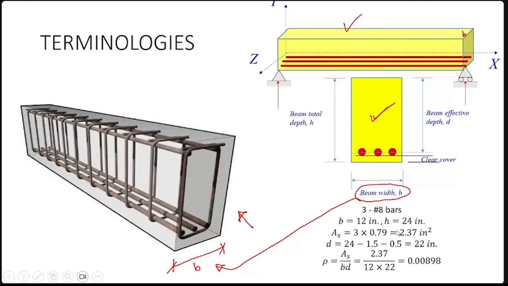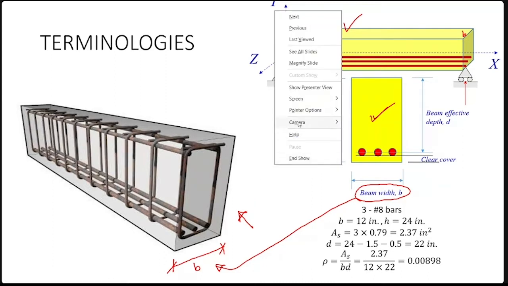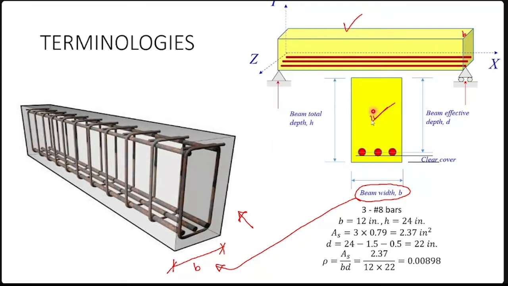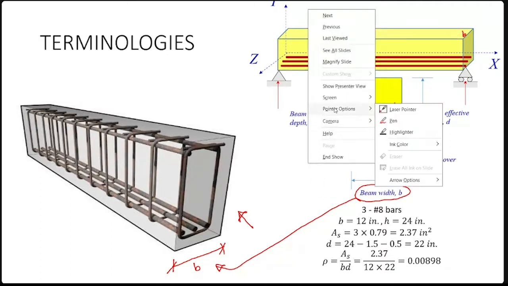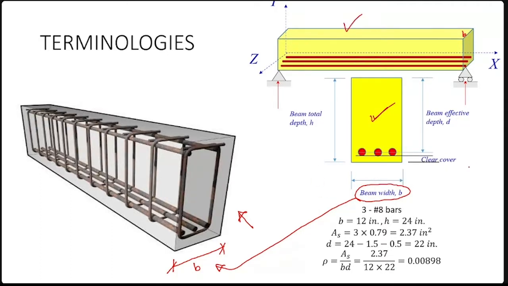So this is all about beam width. Next, we'll talk about beam total depth.